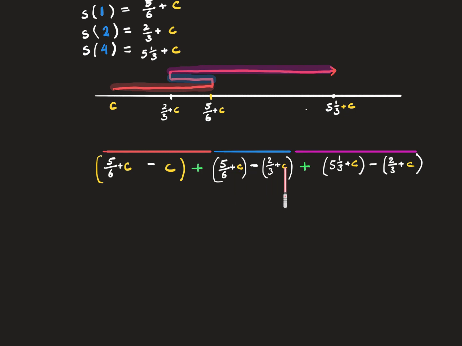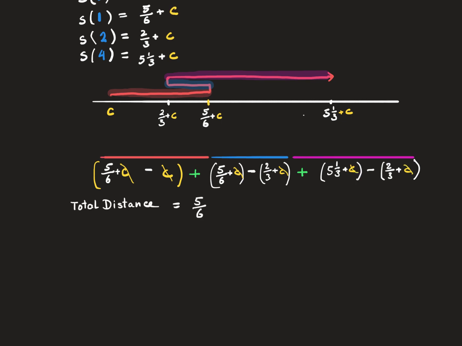So all in all, we can cancel these out and rewrite the equation. The total distance is 5 over 6 plus 5 on 6, take 2 on 3 plus 5 1/3 minus 2/3.